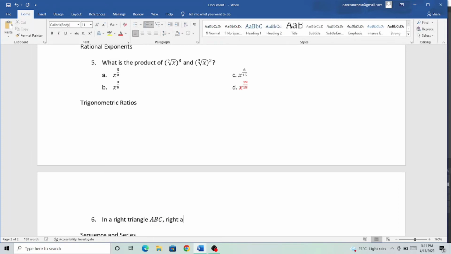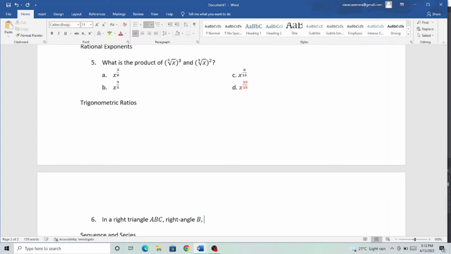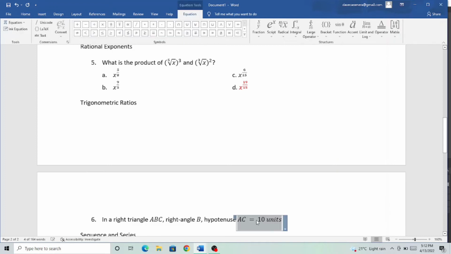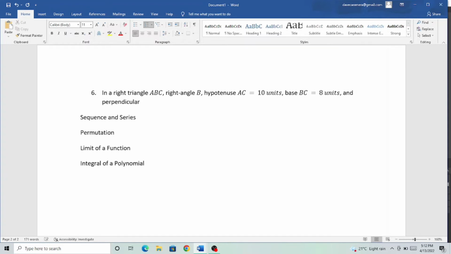Where B is a right angle, where the hypotenuse AC equals 10 units, our base BC equals 8 units, and our perpendicular AB equals 6 units.